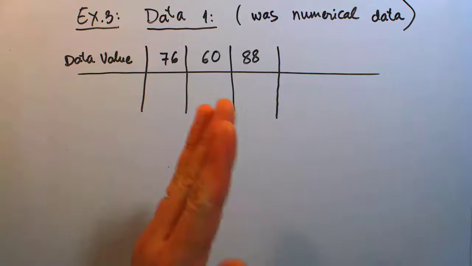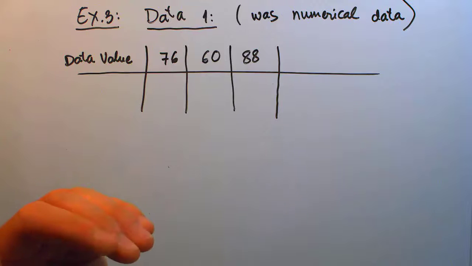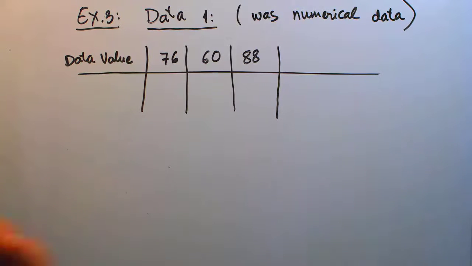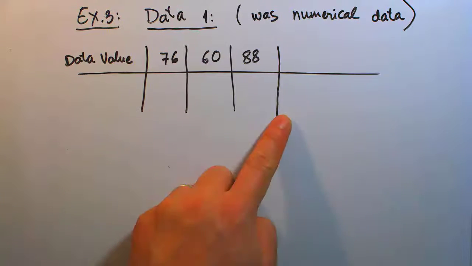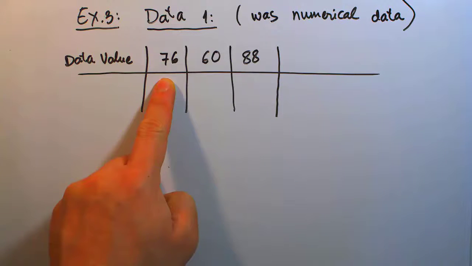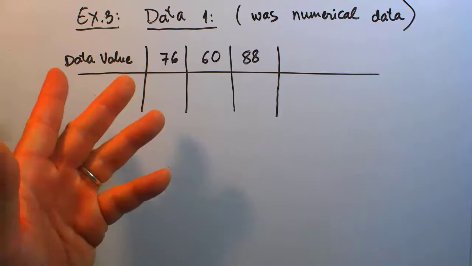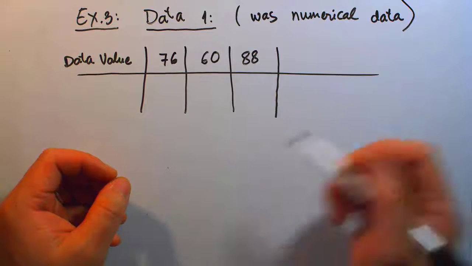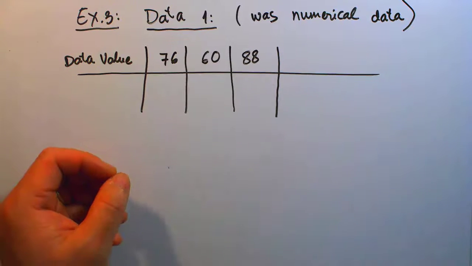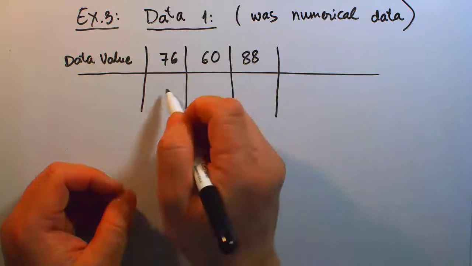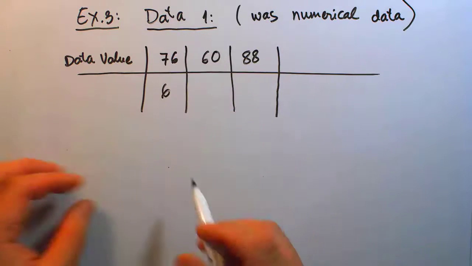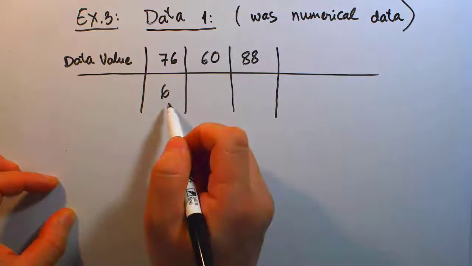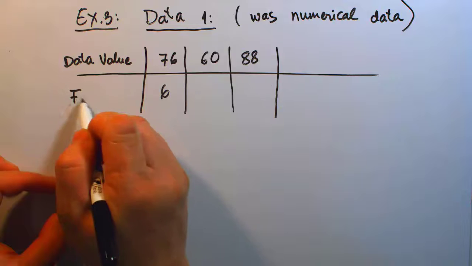So every one of them is equal, in a sense of just being a category. And so 76 has its right to come first. It's just something that came out from my memory. And so 76 here in the data, if we can count through, there were 6 of them. And so this 6 at the bottom row over here I'm writing, that's the frequency again.